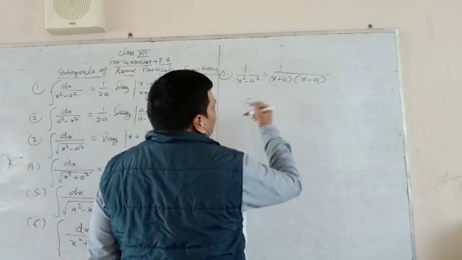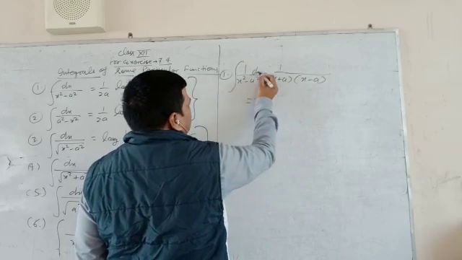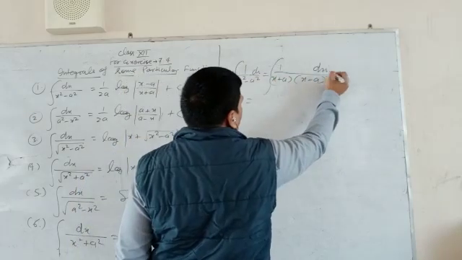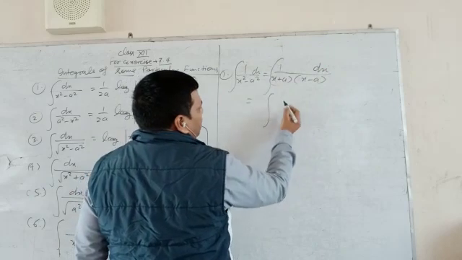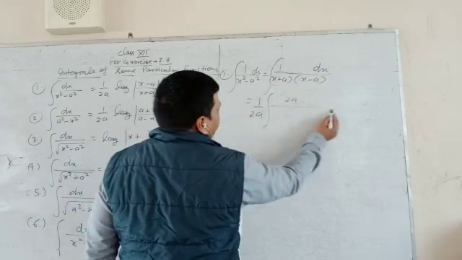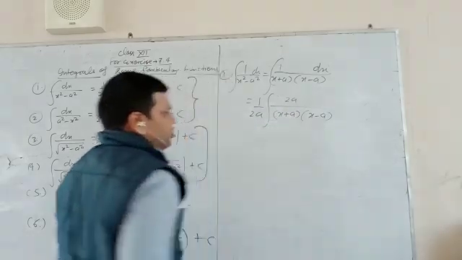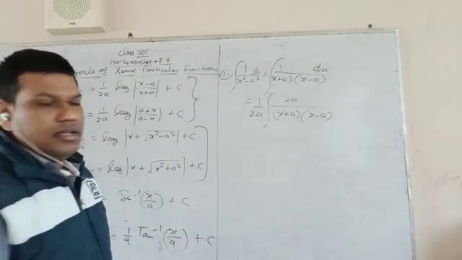Again, for this integration, I am multiplying by 2a in the numerator and the denominator. For these types of special particular functions, we have to do that.